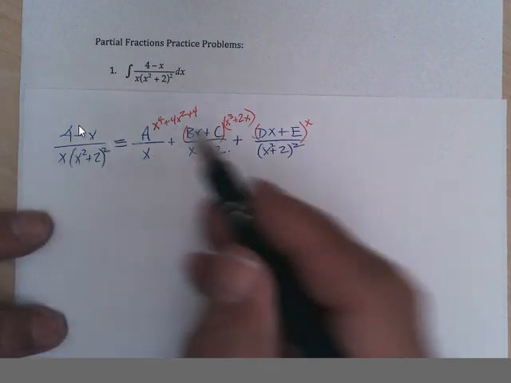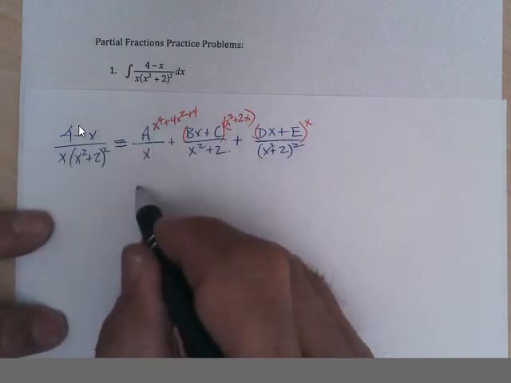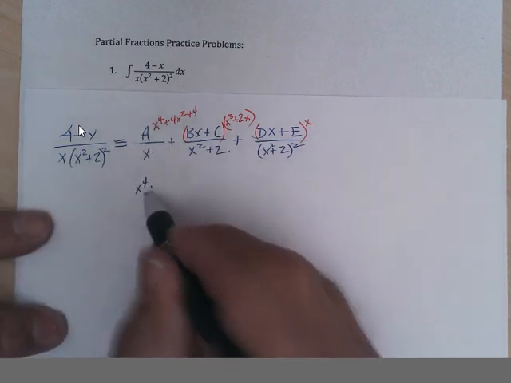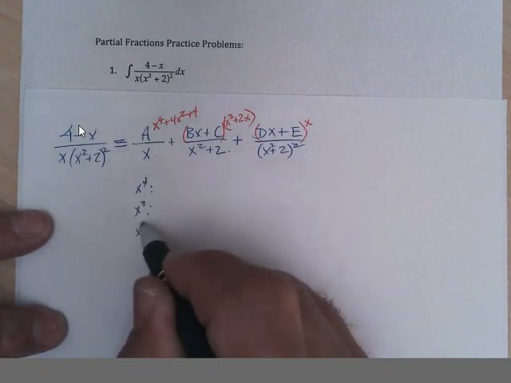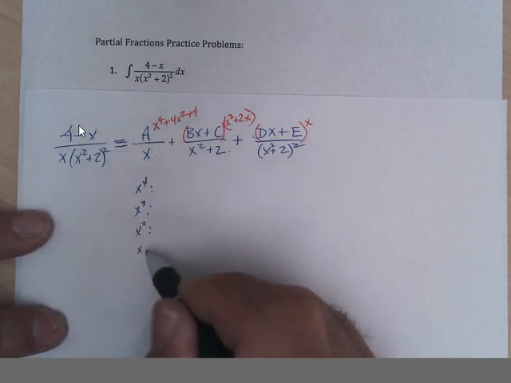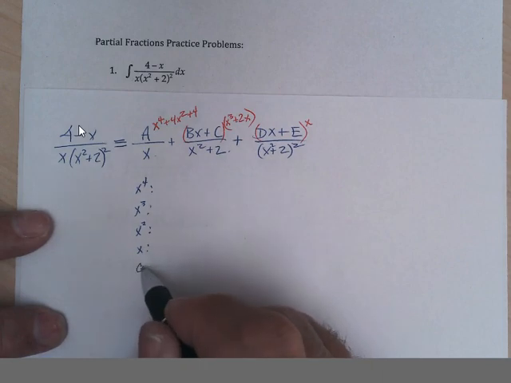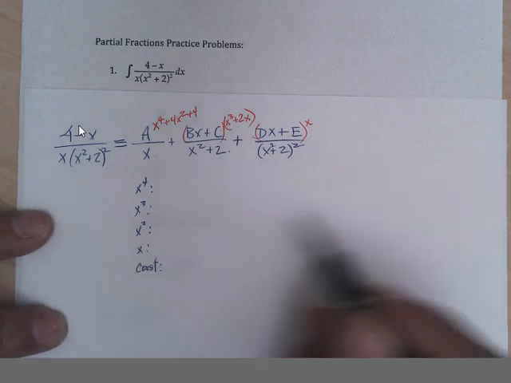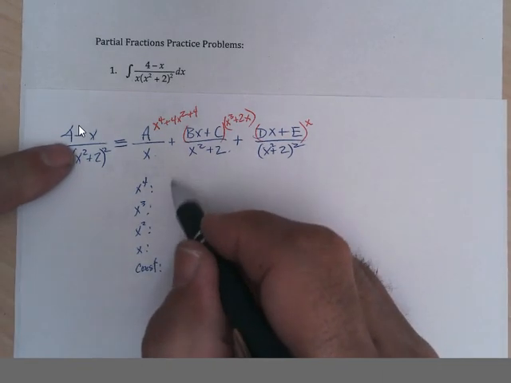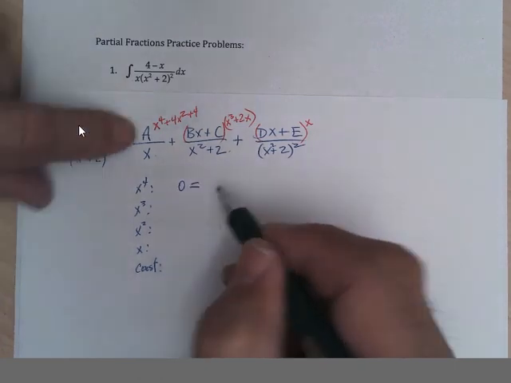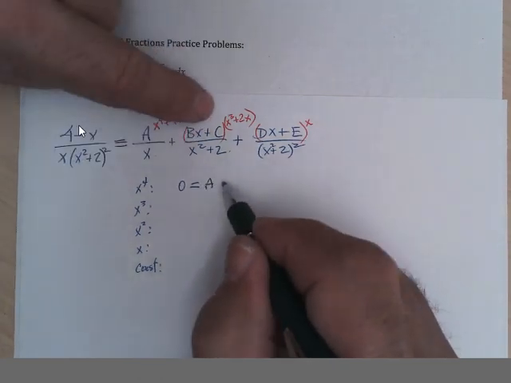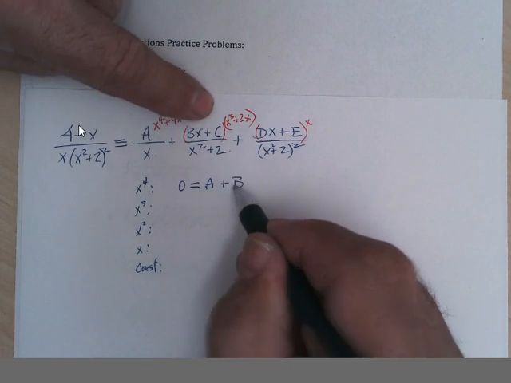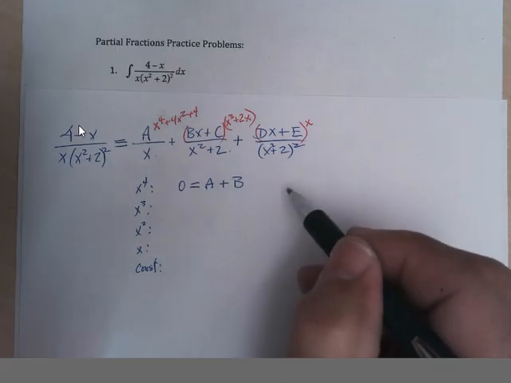So we're going to go through. We're going to have some x to the 4ths, x to the 3rds, x to the 2nds, x's, and a constant. No x to the 4ths: Ax to the 4th plus Bx to the 4th, and no other x to the 4ths.